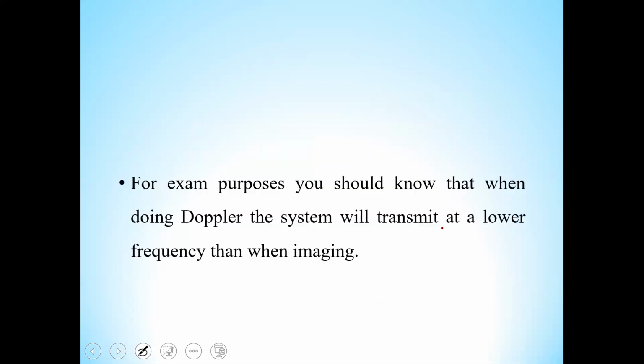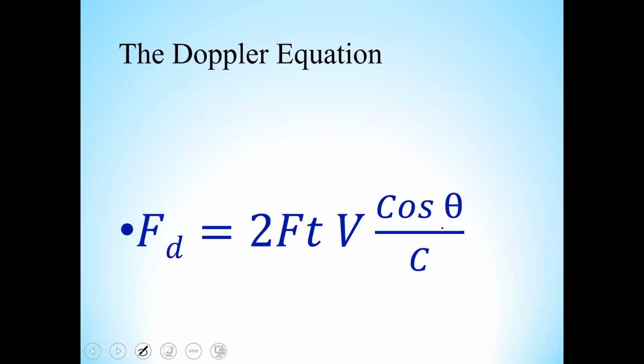So for Doppler, the frequency is reduced. For exam purposes, you should know that when doing Doppler, the system will transmit at a lower frequency than the grayscale imaging frequency.